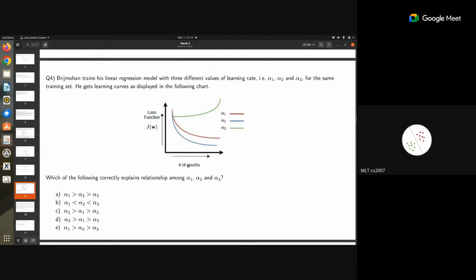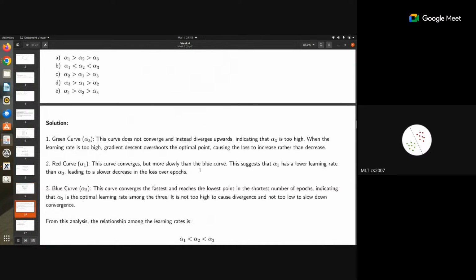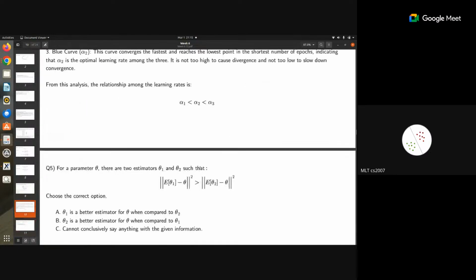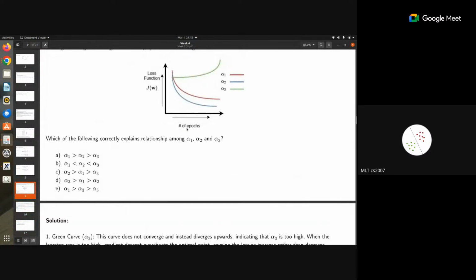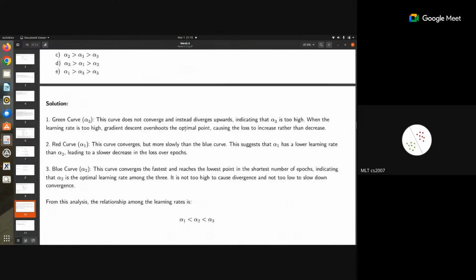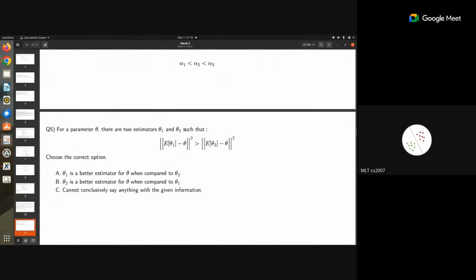These curves are not drawn from theory. Somebody has worked on different data sets, and these curves are drawn later on. Number of epochs and all is not covered for you, so it's fine. Those kinds of things will not be there, as they are not related to your syllabus.